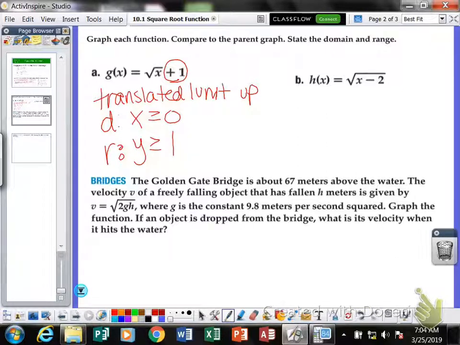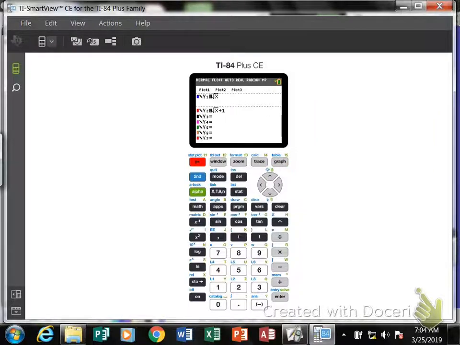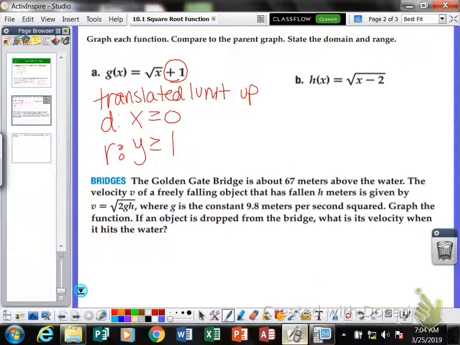The square root of x minus 2, so y equals, clear, second square root of x minus 2, graph it. So there's the original, and there is the second one. Notice that it is now bumped to the right too, and that is because of what's in here.